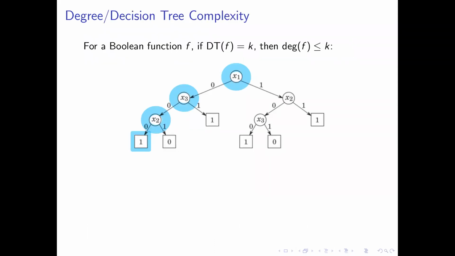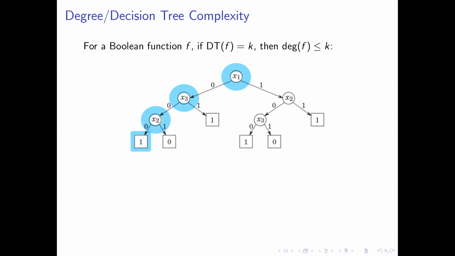Just to formally show how these complexity measures are related, it's not hard to show that if the decision tree complexity of a Boolean function f is k, then the Fourier degree has to be less than or equal to k. The way to see this is by noticing that paths in this tree partition my hypercube into disjoint sub-hypercubes. For instance, if I query x1, and if it's a 0, then I query x3, and if that's a 0, then I query x2, and if all of those are 0, I assign the value 1.